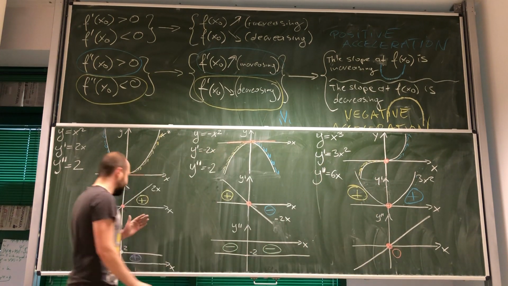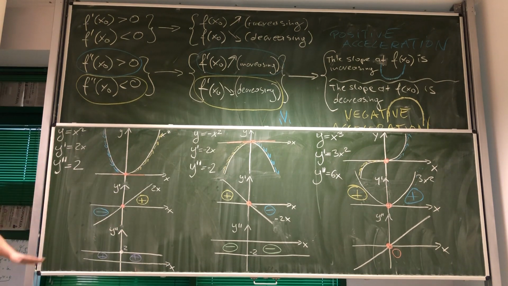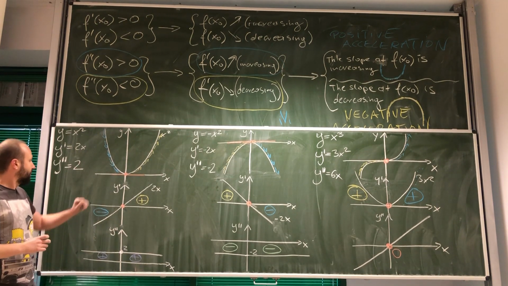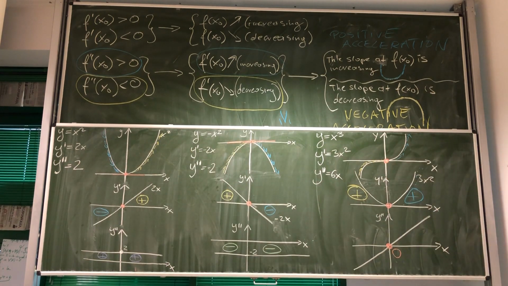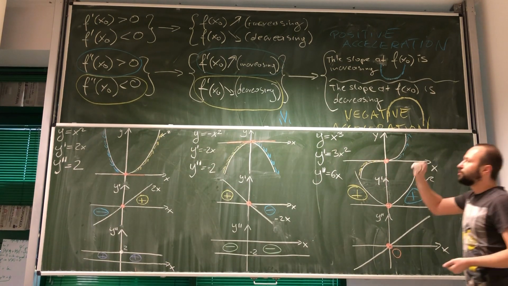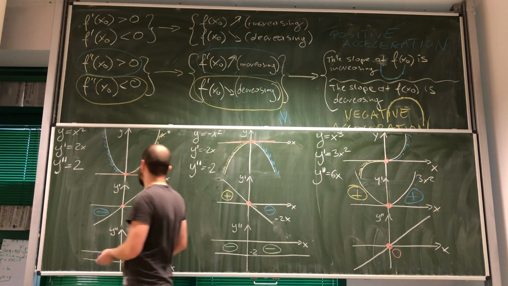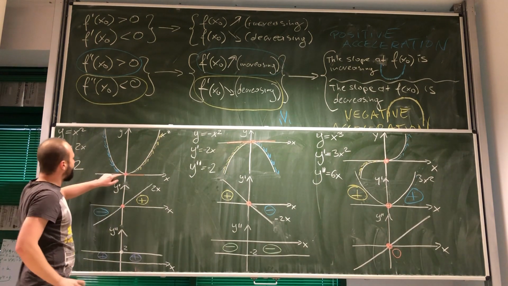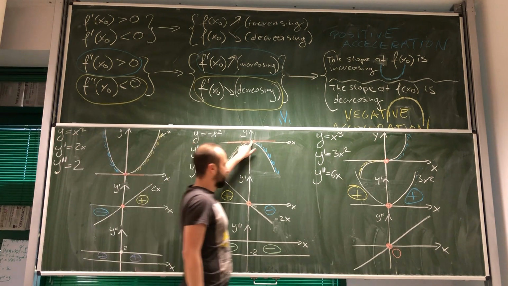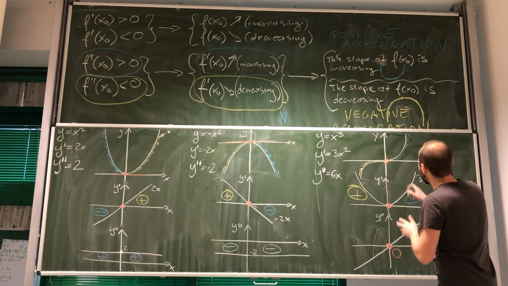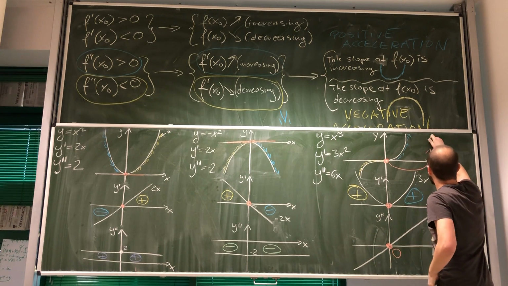And look, this is actually what distinguishes this case from those two previous cases. If we would only use the first derivative test, we would only know if the point is a candidate for minimum, for maximum, or for what we call an inflection point.